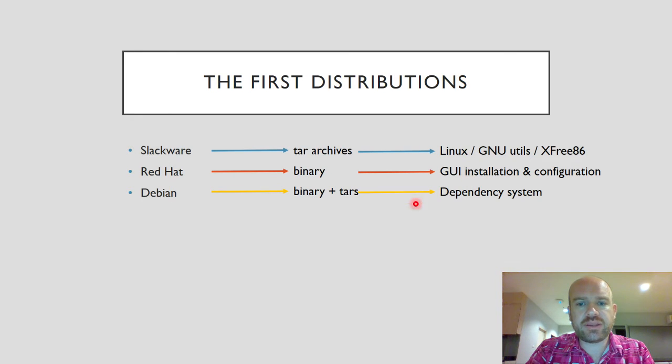And yeah, so they're all kind of borrowing parts from each other to create new distributions and new ways of delivering these user experiences. And that's why we have so many distributions, because there are many different ways of delivering a working system to the user.